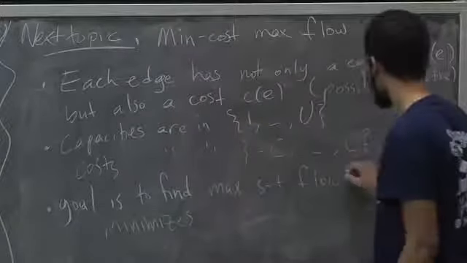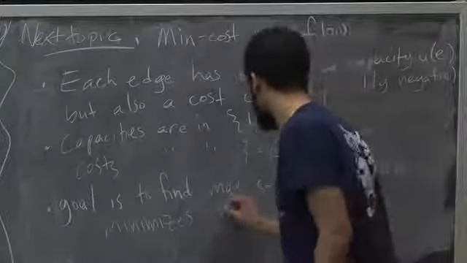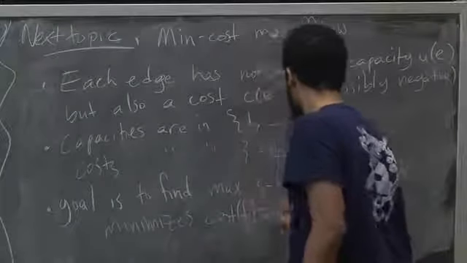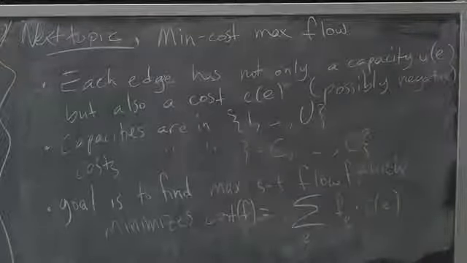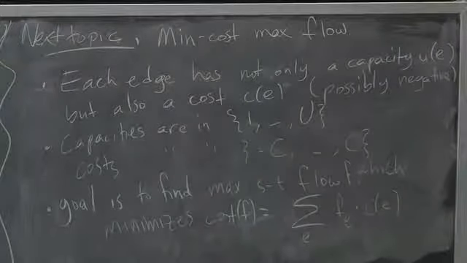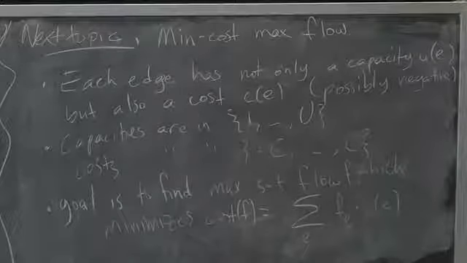Let's call this flow F, which minimizes the cost of F, which is the sum over all edges of the flow on that edge times the cost of the edge. So just so we're clear, consider all flows F which are max flows. We definitely want our flow to be a max flow. And amongst those, choose the one whose cost is minimal.